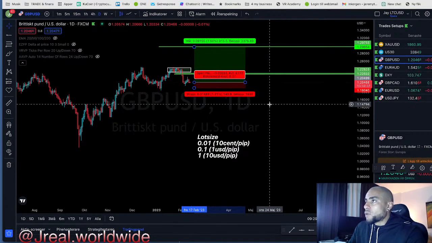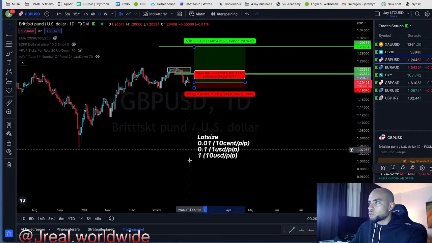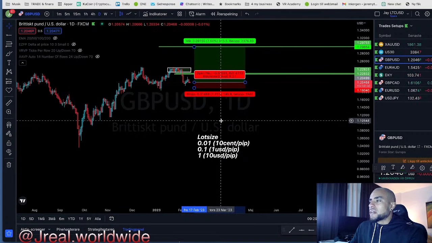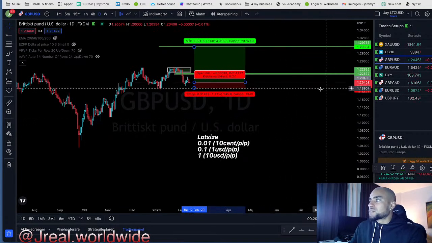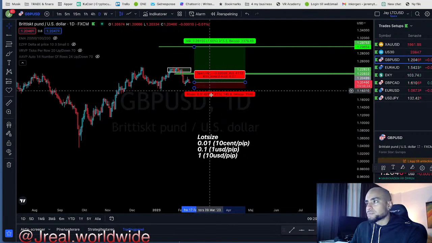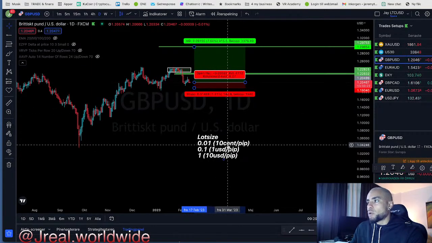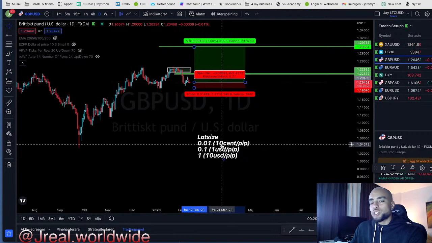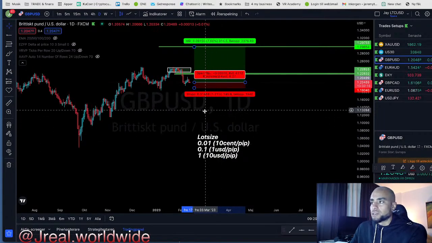Well, first and foremost, you have to think about your lot size. Remember the lot size we spoke about? If the market moves down all these 145 pips and you have a lot size 0.01, that's 10 cents per pip, how much will you lose? You will lose 14.5 US dollars.